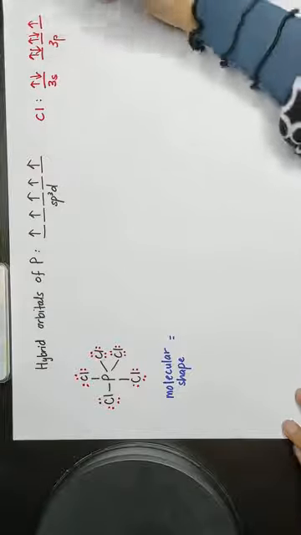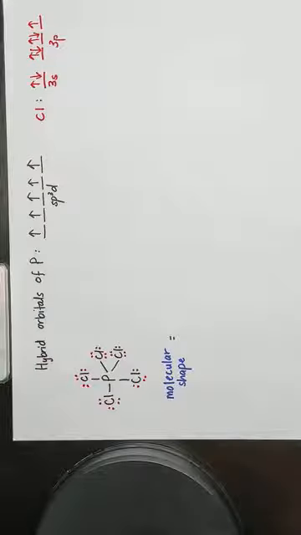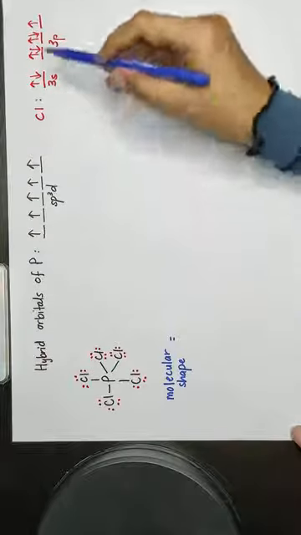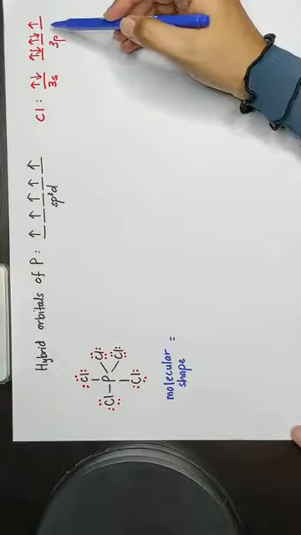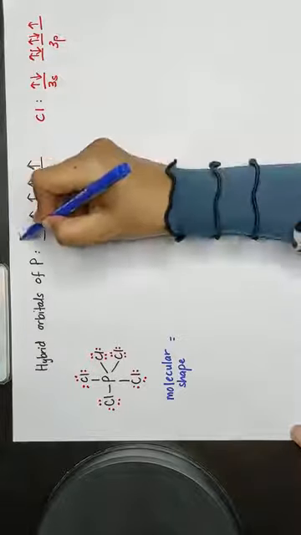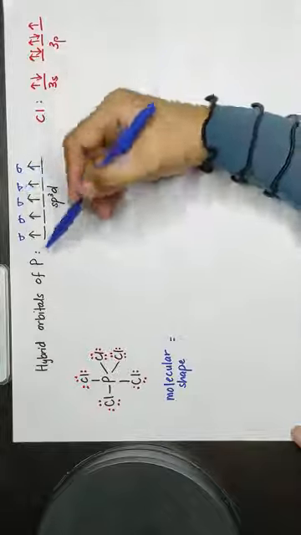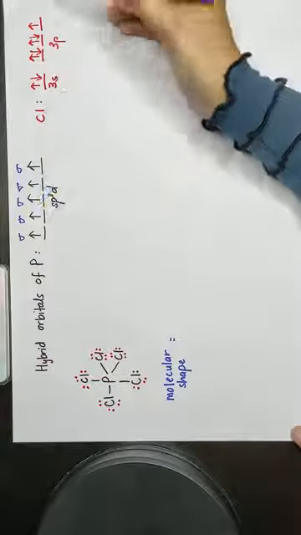All 5 unpaired electrons will be used to overlap with one of the 3p orbitals of chlorine.